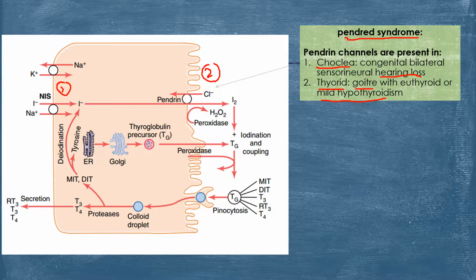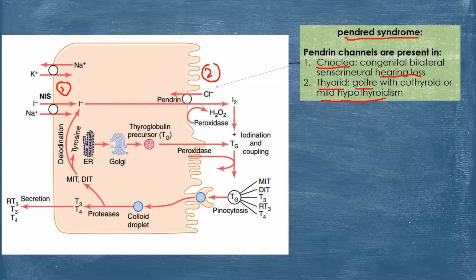So the thyroid gland now isn't able to form adequate amounts of thyroid hormone because of iodine deficiency. This is not because of external iodine deficiency; it is because there is a mutation here and the iodine isn't transported into the colloid to complete the process.